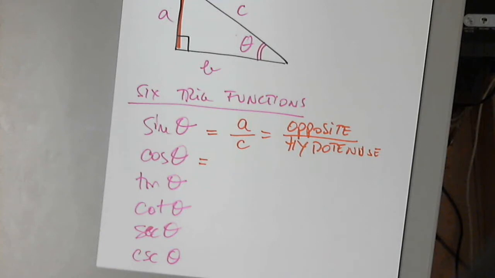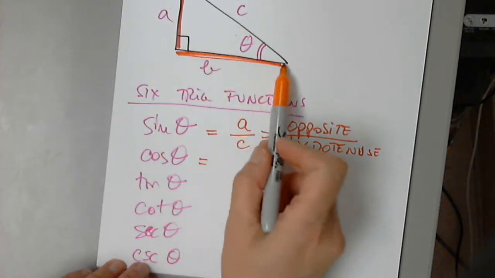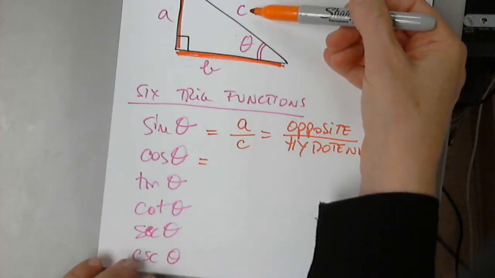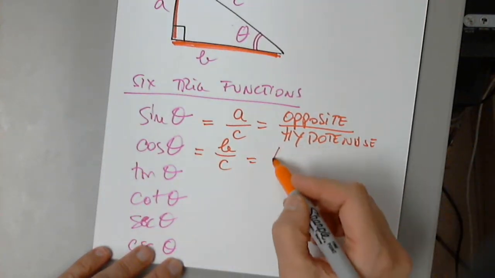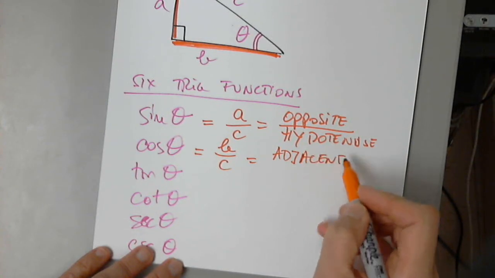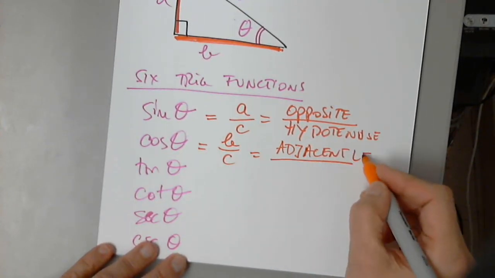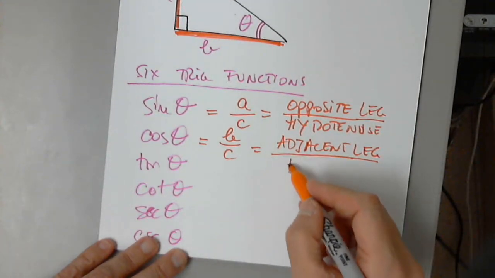Opposite over the hypotenuse. Cosine is the adjacent leg over the hypotenuse. So that will be B divided by C. Adjacent leg over the hypotenuse.